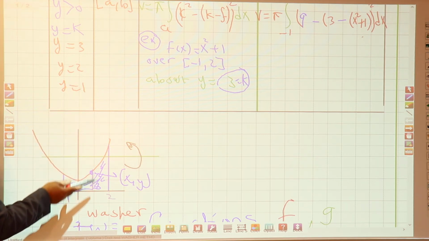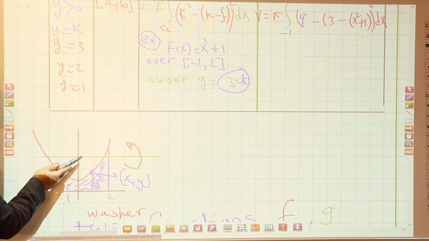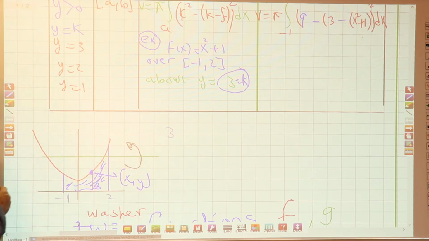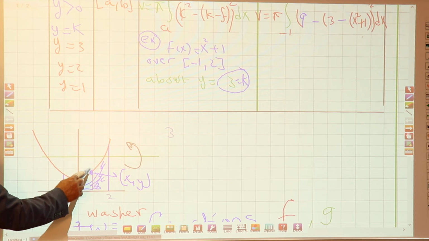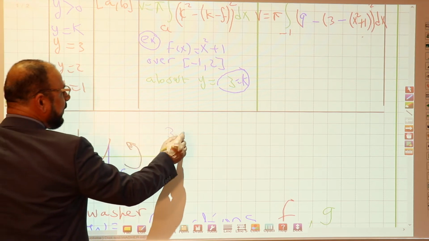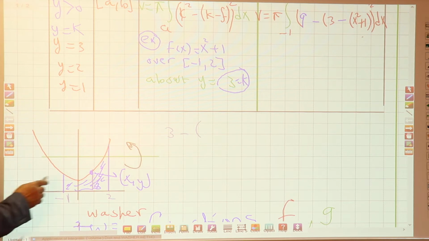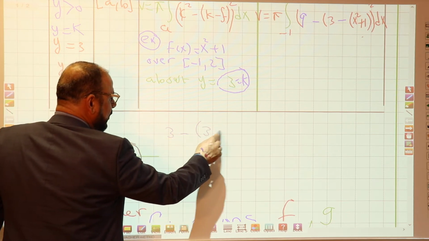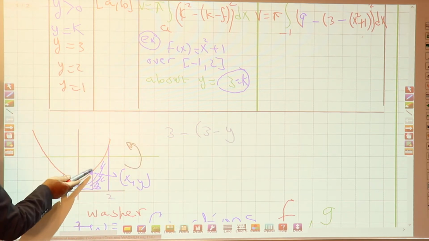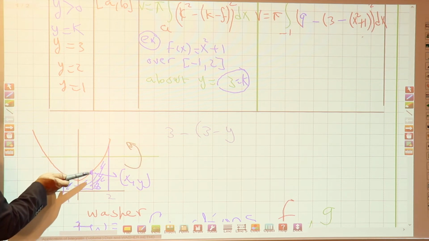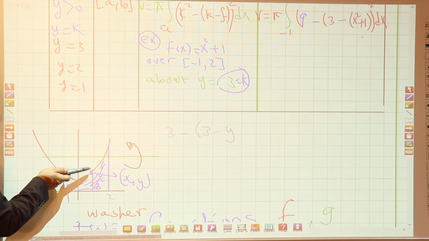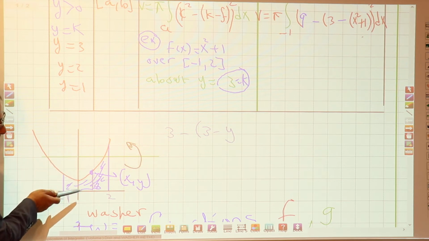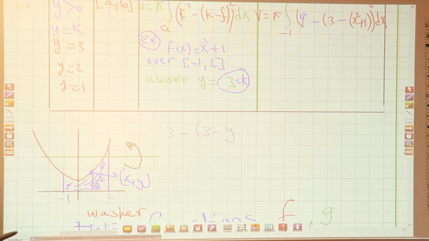If you take K minus Y, K is the big radius, 3, minus Y. Look here, 3 minus Y, from here to here 3, and from here to here is Y. Then 3 squared, 9, minus this gives you the area you want, right?